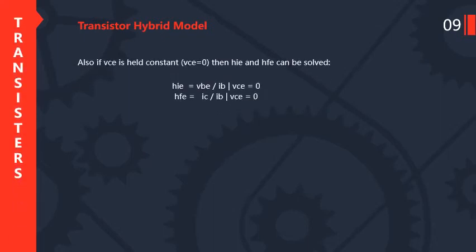Also, if VCE is held constant, meaning VCE is equal to 0, then HIE and HFE can be solved.